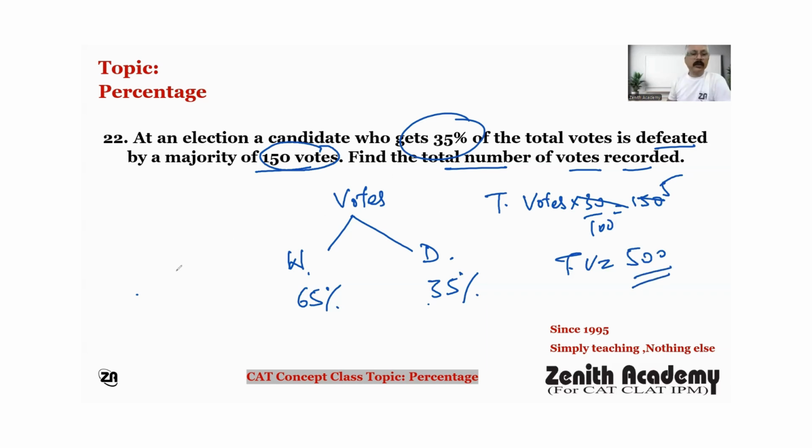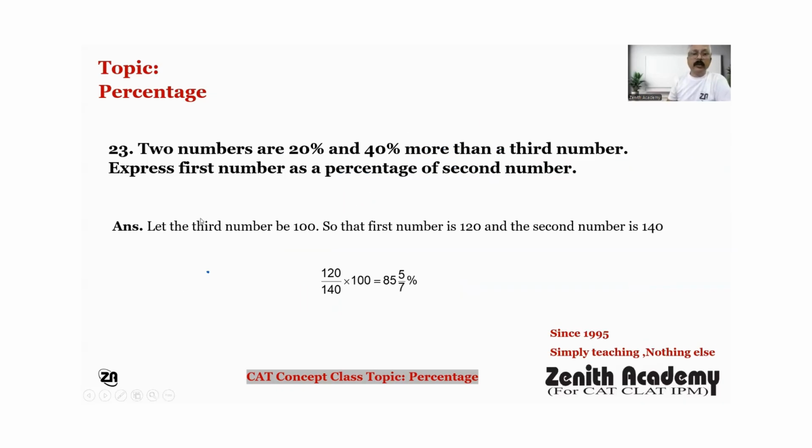We have already discussed this concept in concept class. Now see the next. Next is 23. Two numbers are 20% and 40% more than a third number. Express the first number as a percentage of the second number. कंपेयर यहाँ पर आप थर्ड नंबर से कंपेयर कर रहे हैं. तो it is first number, second number, third number. So let third number be 100. The first number is 20% more than the third number, 120. Second number is 40% more, 140. Okay. And now express the first number as a percentage of the second number.